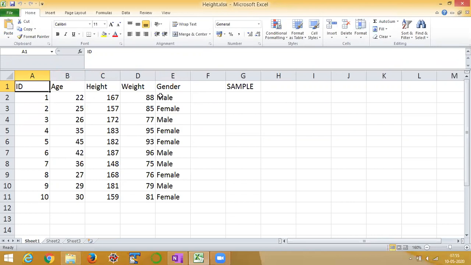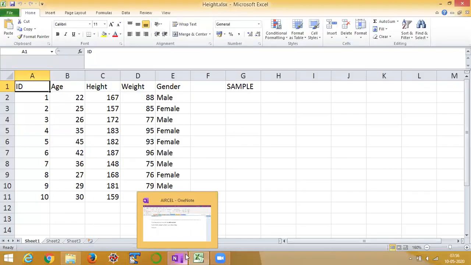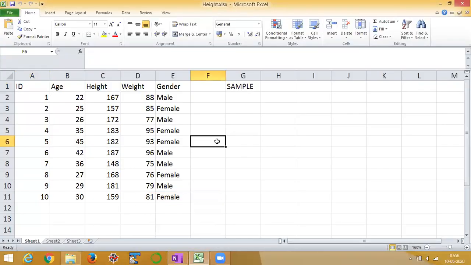Apart from this, what else can we calculate? Something statistics related. As I said, whatever we calculate on the sample data comes under descriptive statistics.